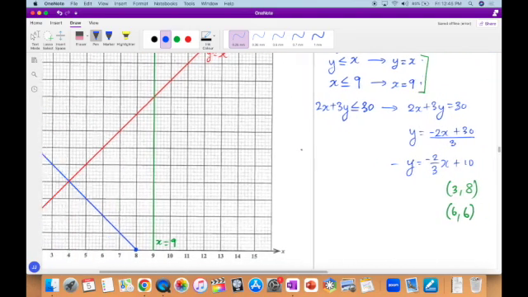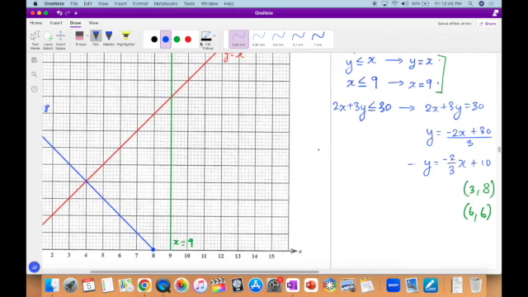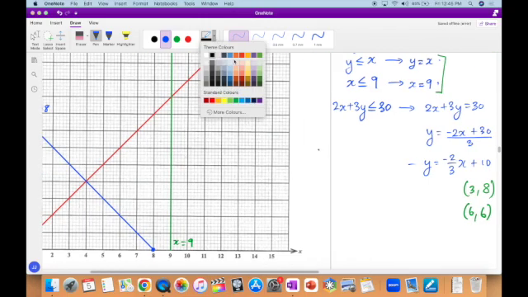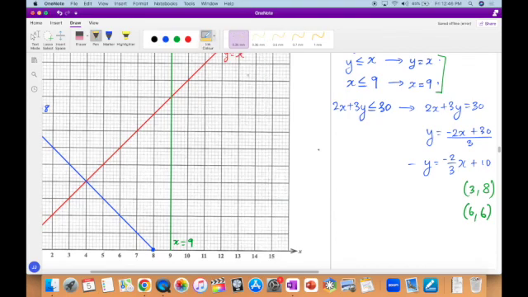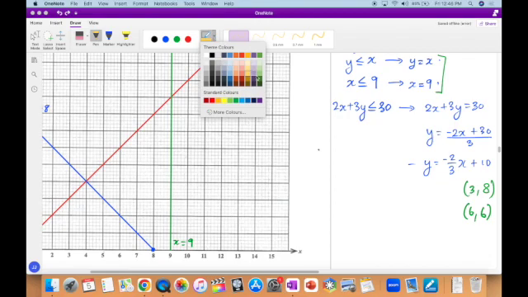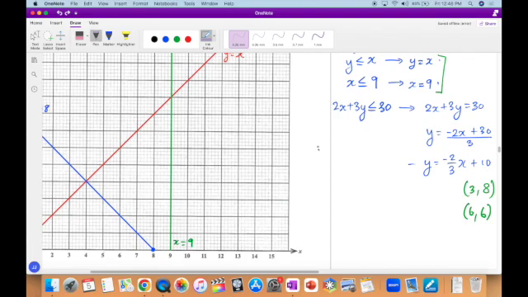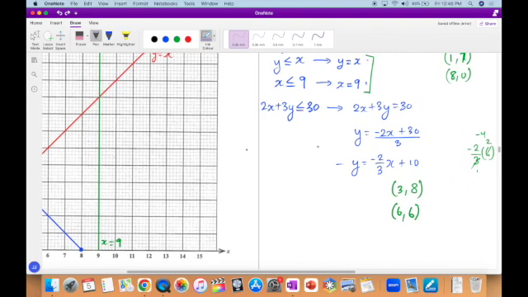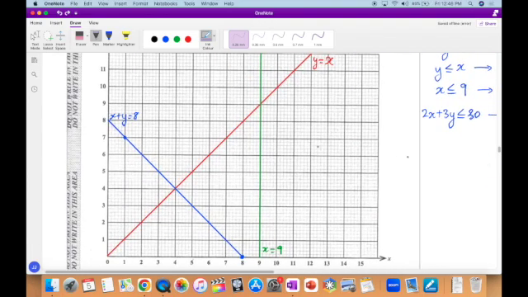And then lastly, let's use a different color. Let me do a yellow. I hope that you all will see the yellow, maybe not. All right, let's do a purple. Surely you'll see a purple. So let's go with 3, 8, and 6, 6.